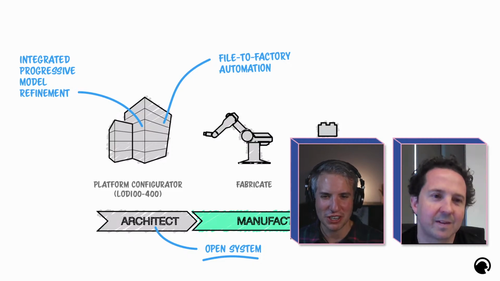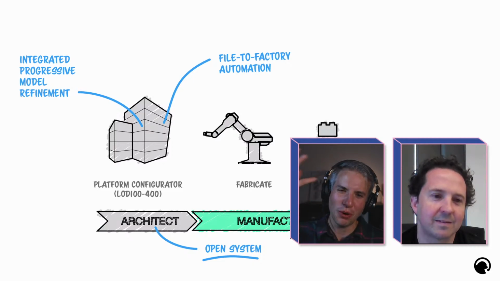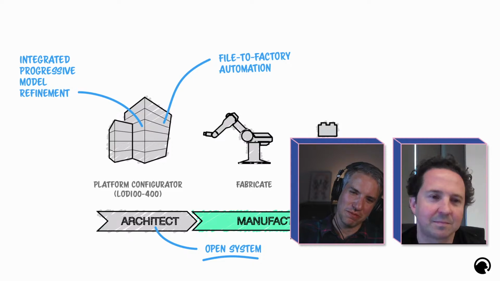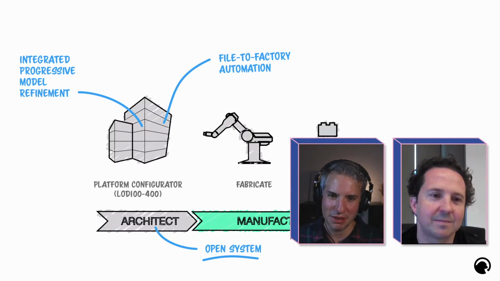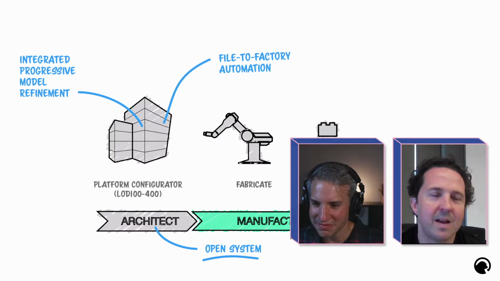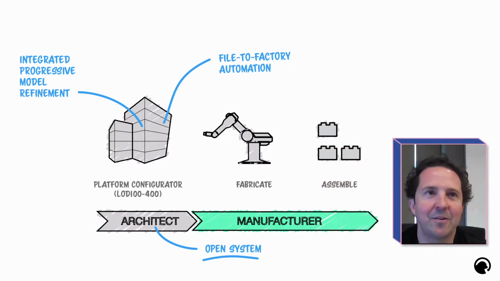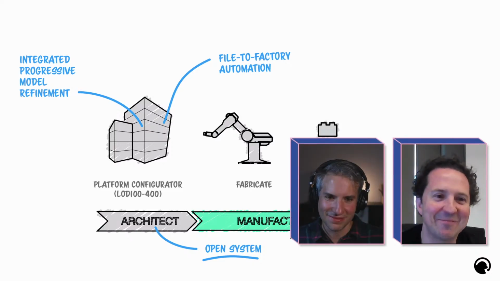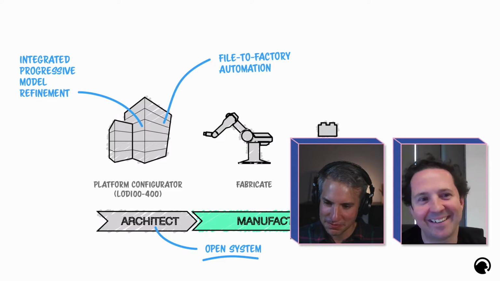So the question is, can we push that for more aspects of a building, where you can have a lower LOD from an architect, but it would be relatively easy with automation to turn it into something that can be manufactured? So I started to dig into this, and there's HSB CAD. I think they use it a lot, and it's basically an AutoCAD plugin. Yeah, I know this one.